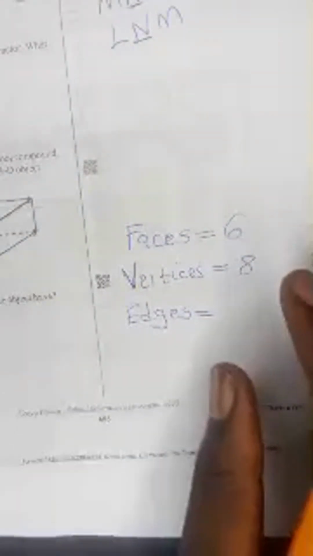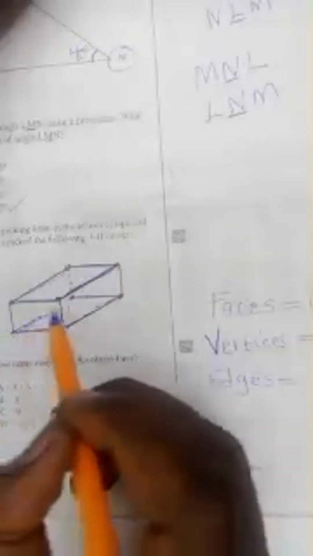What about the edges? The edges are defined as the sharpest parts of the figure, like the edge of a knife. 1, 2, 3, 4, 5, 6, 7, 8, 9, 10, 11, 12.